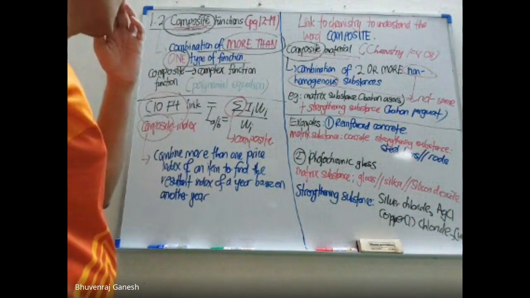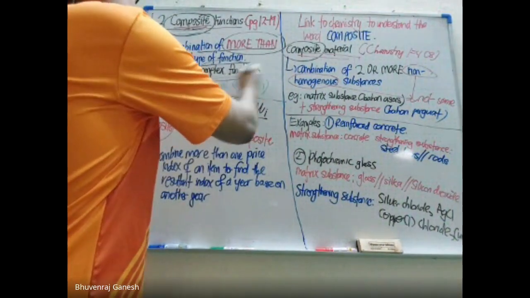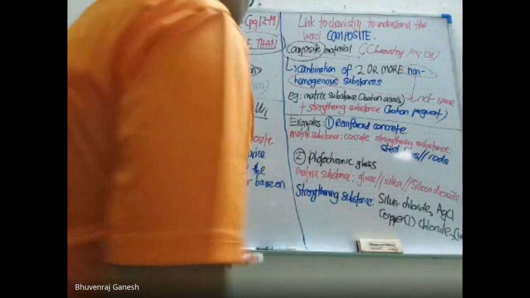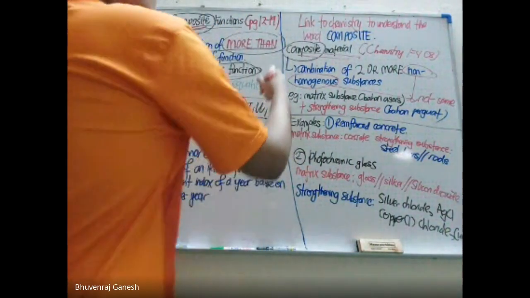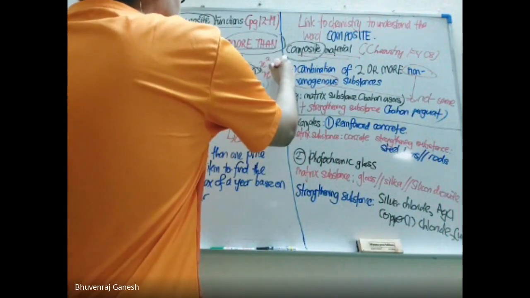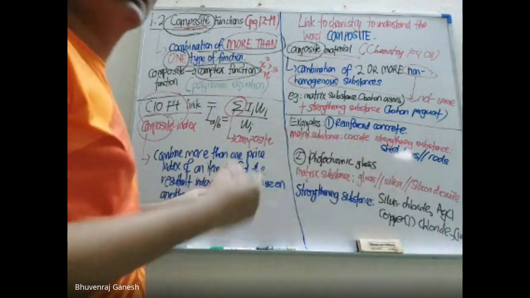If you're talking about composite, it's going to be a complex function. It means the result that you get from a composite function won't be such a simple equation, and it might have variables like x power 2, x power 3, because we are substituting an equation into another equation.